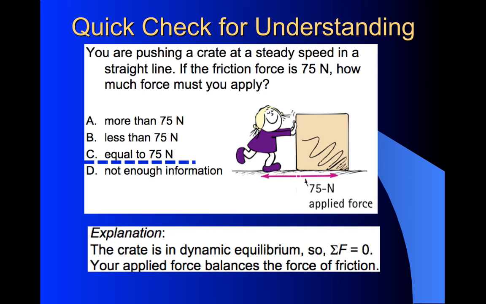So the crate is in dynamic equilibrium. So remember that the sum of the forces needs to equal 0. In order to make this true, you have to apply 75 newtons in the opposite direction that the force of friction is being applied.